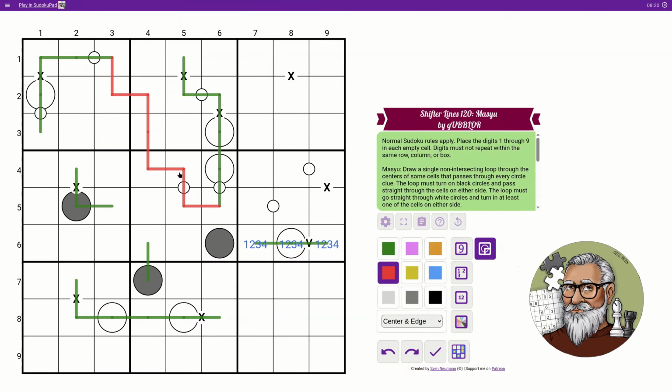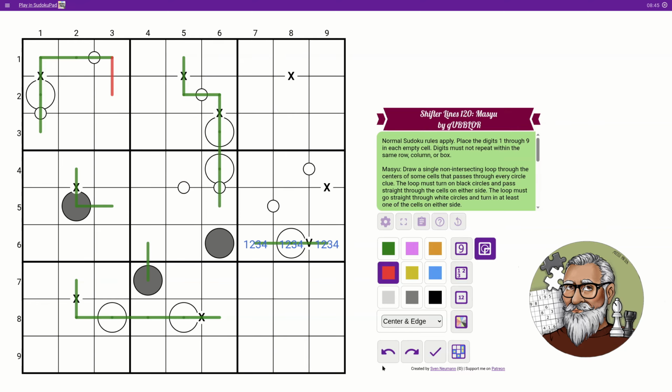Then I'll have to go and connect it there though, right? Is that possible though? Yeah, it is. I'll have to go through the X though. It's not possible otherwise. But I can probably go through the X. Okay.